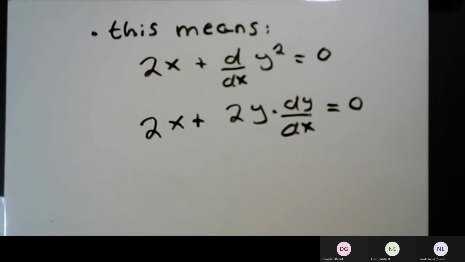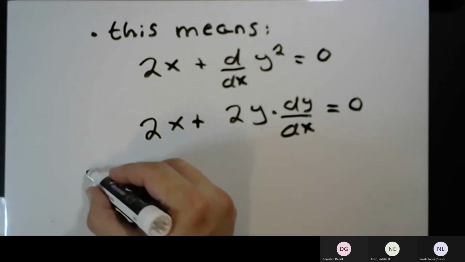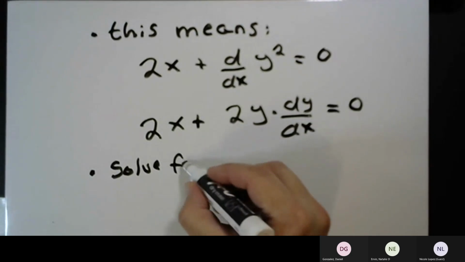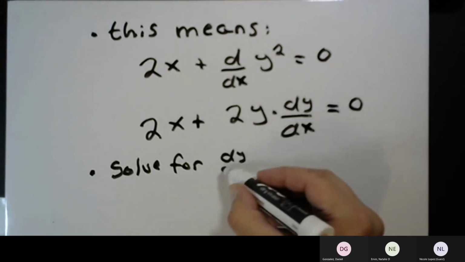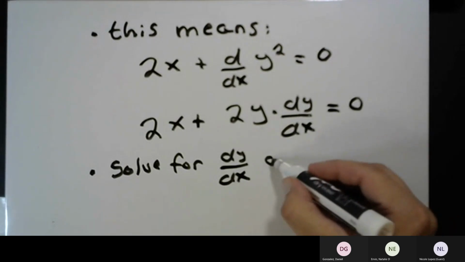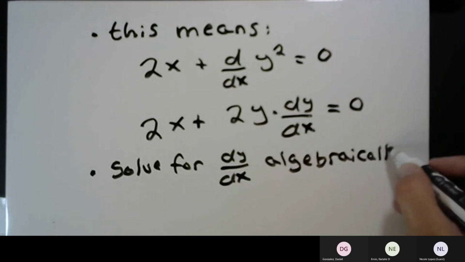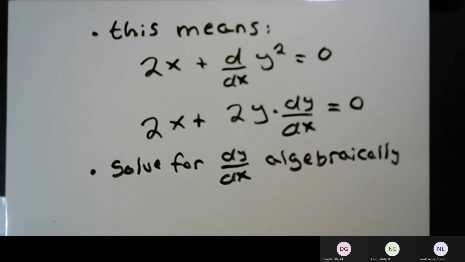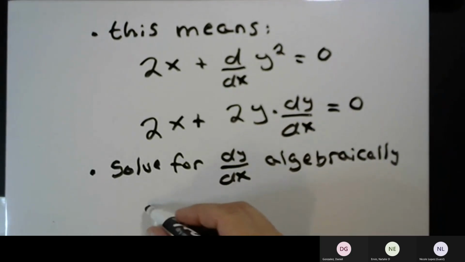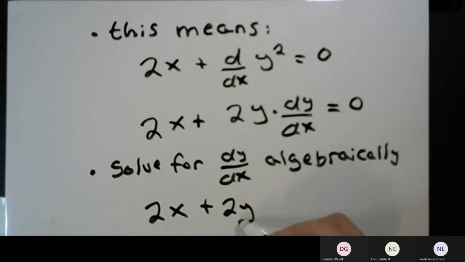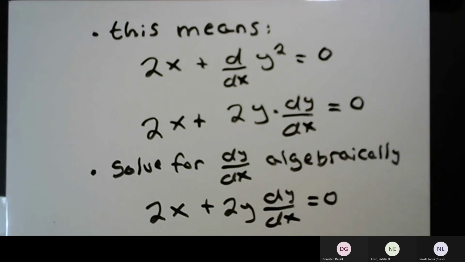So how does this help us? Well, we want to find dy/dx, so we can solve for it algebraically. So this means we'll take 2x plus 2y dy/dx equals 0.